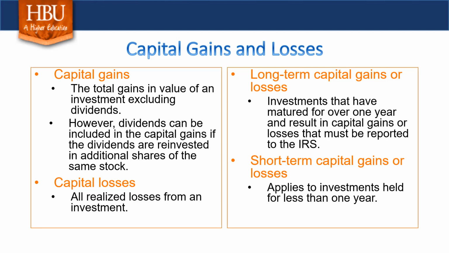Okay, so let's think long-term capital gains or losses. These are on investments that have matured for over 1 year and they result in capital gains or losses that have to be reported to the IRS for tax purposes. Those are long-term, over 1 year. Short-term capital gains or losses are those less than 1 year.